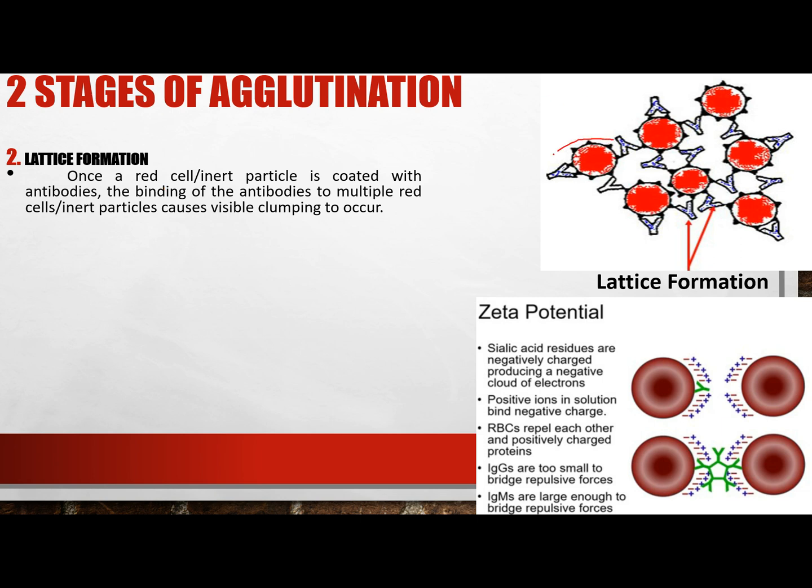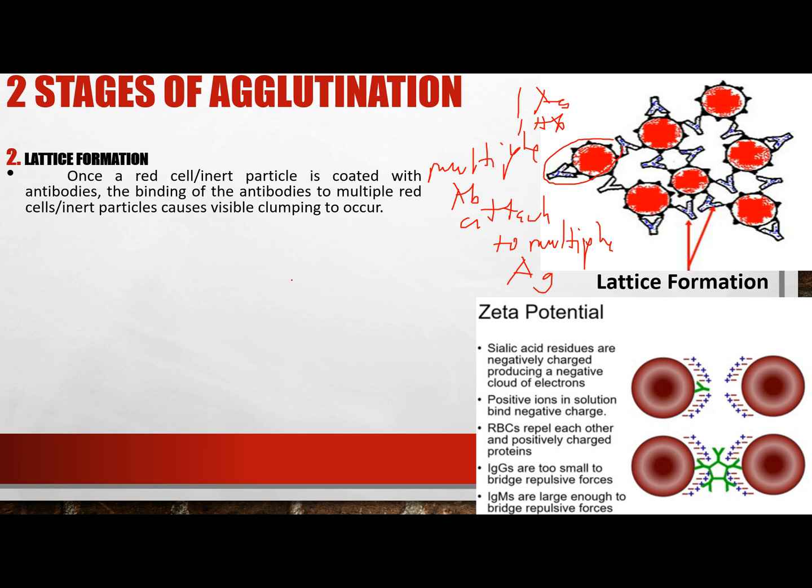So from one antigen, one antibody, what happens this time is that multiple antibodies would attach to multiple antigens.